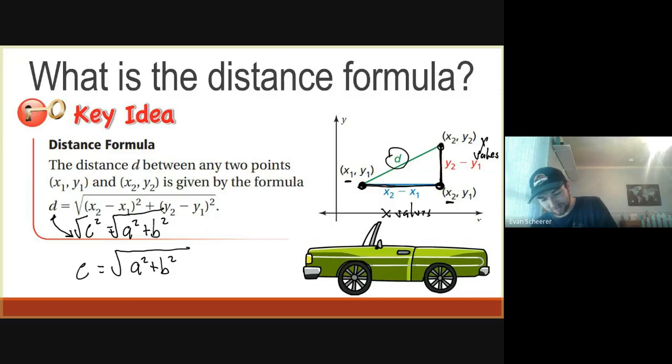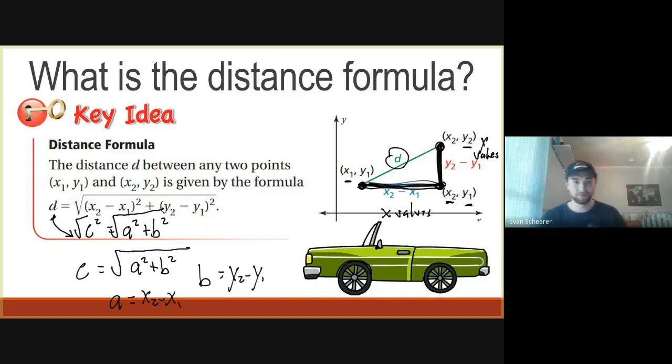So we are subtracting this value minus this value, y2 minus y1. So this a, in essence, equals x2 minus x1, and your b equals y2 minus y1. So that's where distance formula comes from. You're subtracting the two values to get your x right here and your y right here.